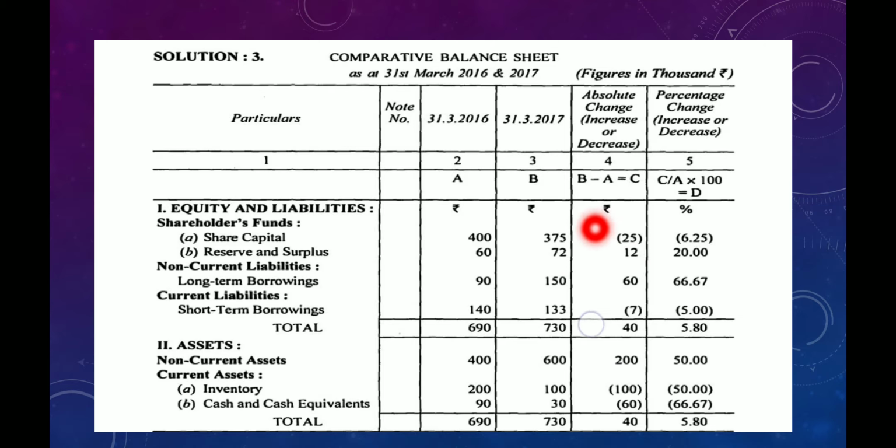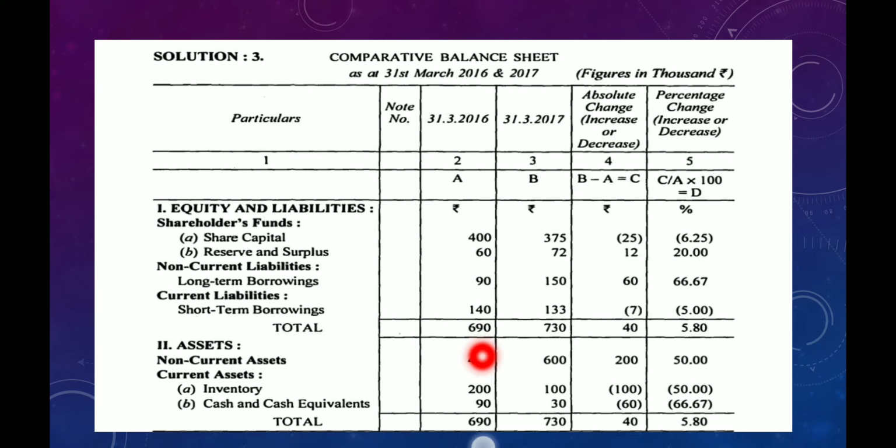After finding all of these, you can make the total column with the same formula, B minus A, that is 730 less 690, that is 40, and 40 divided by 690 into 100 is 5.80.